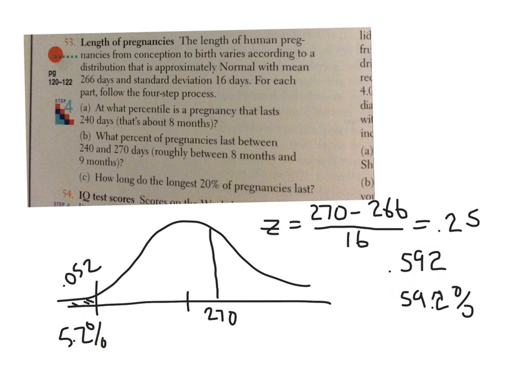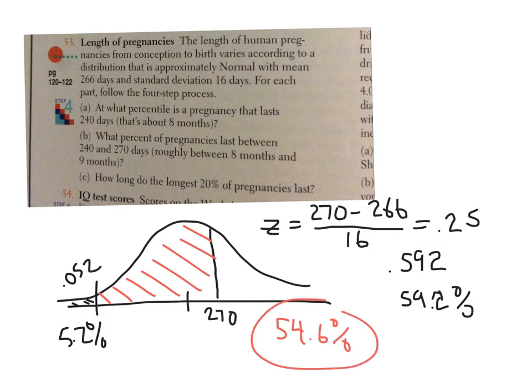Subtract those two, and that will give you this area that's in between them. Which turns out to be about 54.6%. 54.6% of the pregnancies last between 240 days, which is down there, and 270 days.